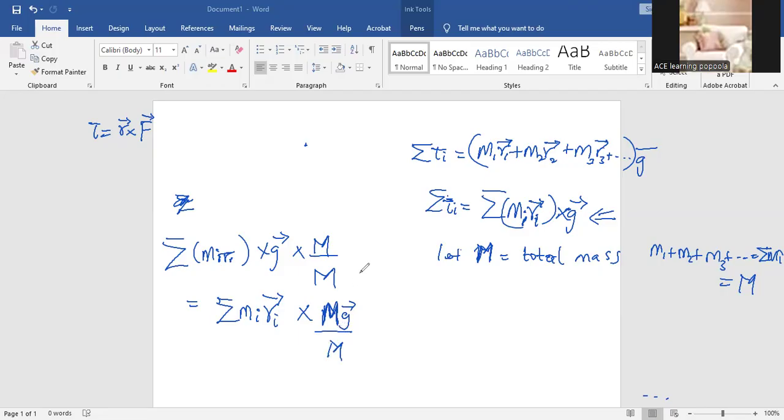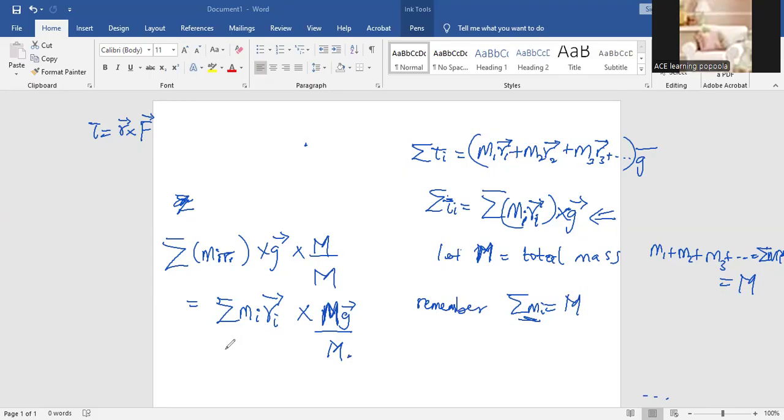Now remember that this M is the summation of all these little masses, equal to capital M. So we're going to put this here instead.